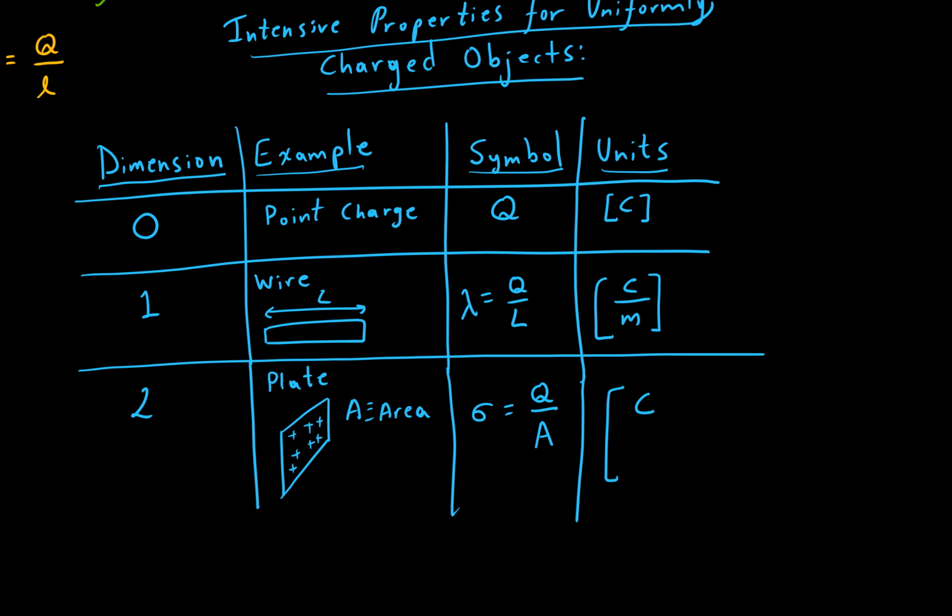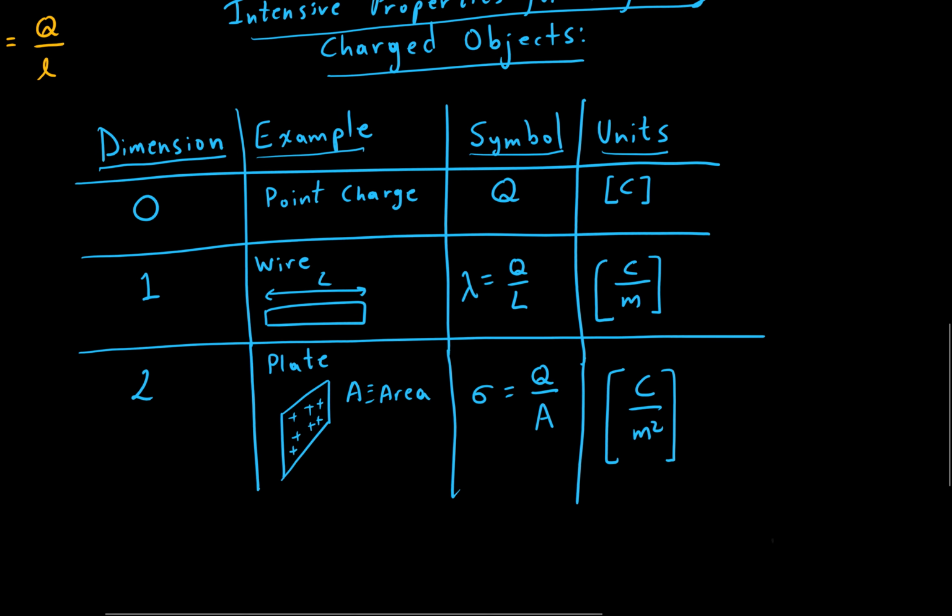So I can write this as coulombs per meter squared. If I'm sticking with meters, I could also write this as centimeter squared or decimeter squared. Doesn't matter, it is per unit area.